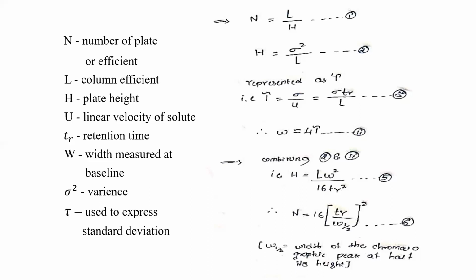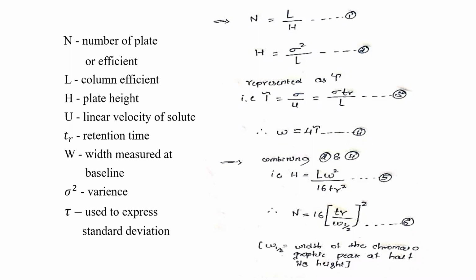That is, W is equal to 4 tau. Combining equations 2, 3 and 4 gives the height of a theoretical plate, that is H is equal to L times W squared divided by 16 tR squared, which is called equation number 5. So by using equations 5 and 1, we can calculate the number of theoretical plates.